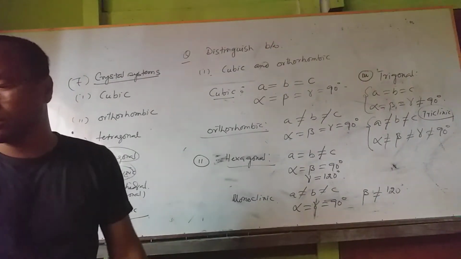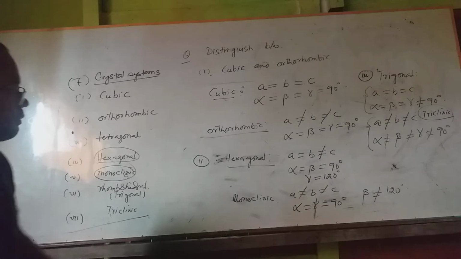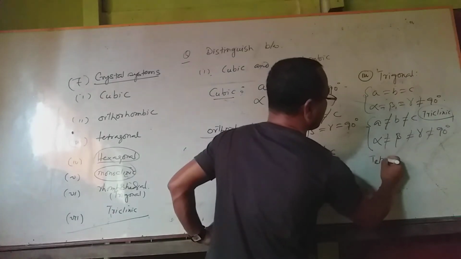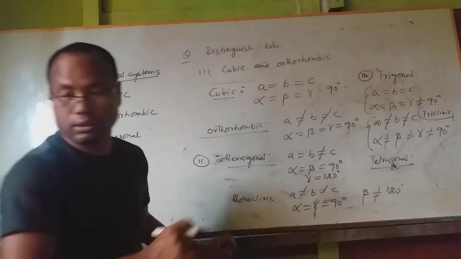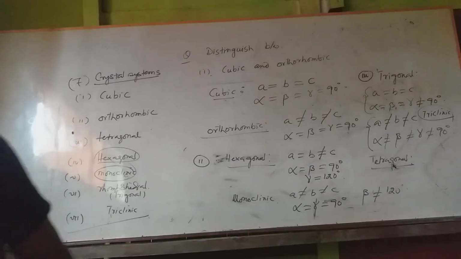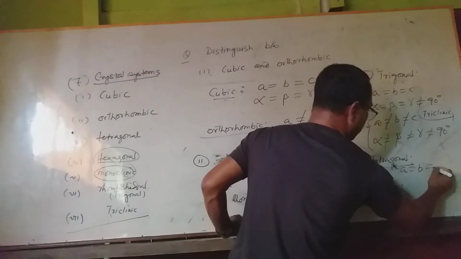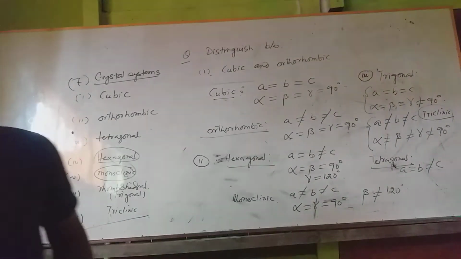And what about the tetragonal? Let me write tetragonal. Here in the tetragonal, the lengths A and B are the same, but C is not the same as the previous two.